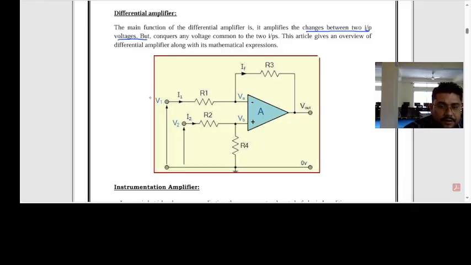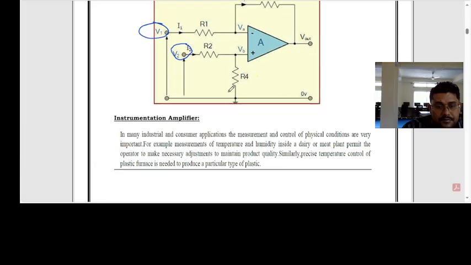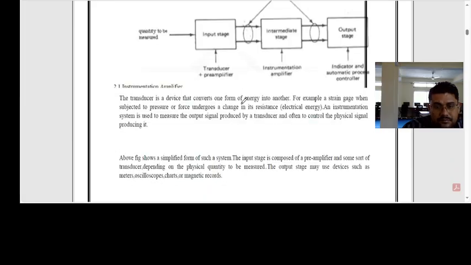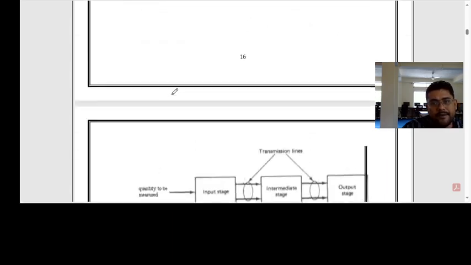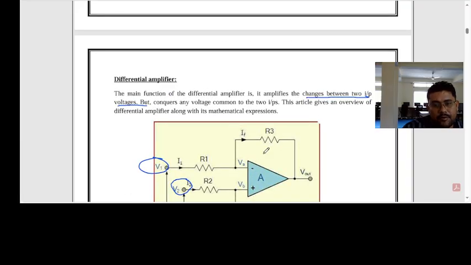Here the inputs are applied on these terminals.